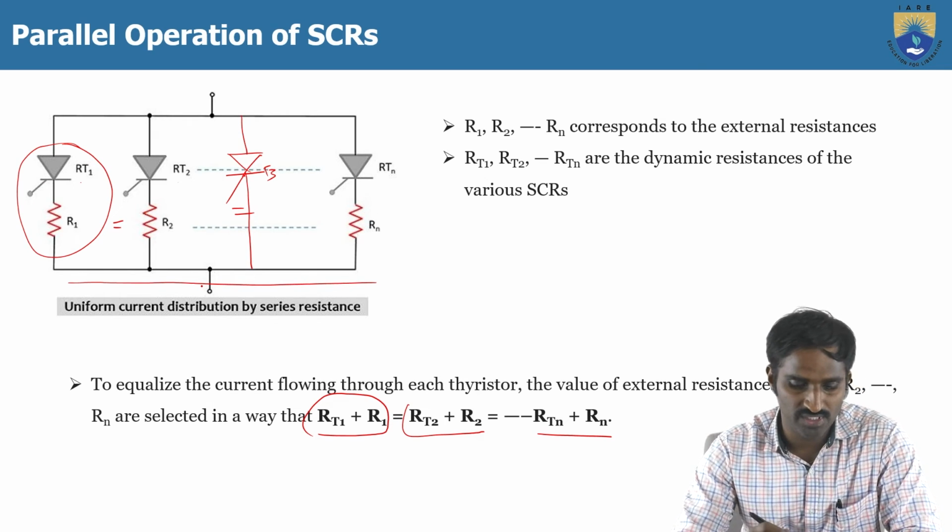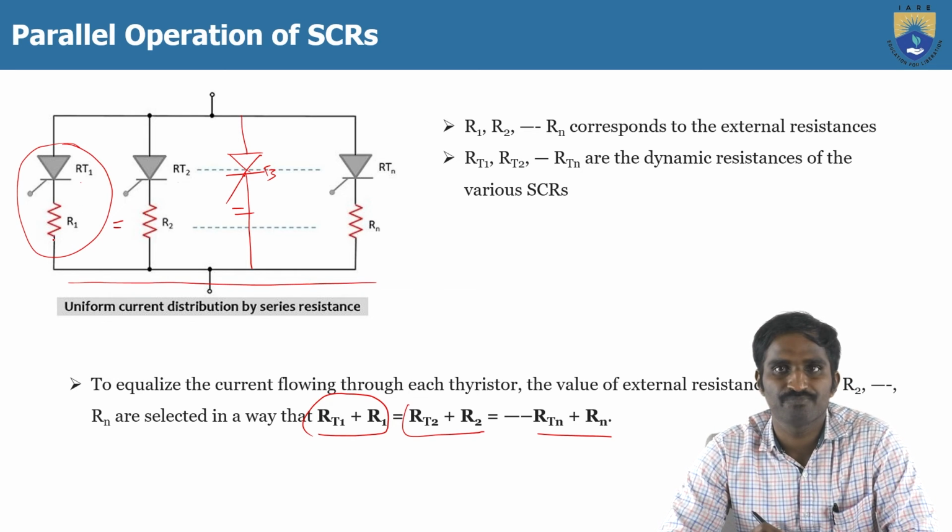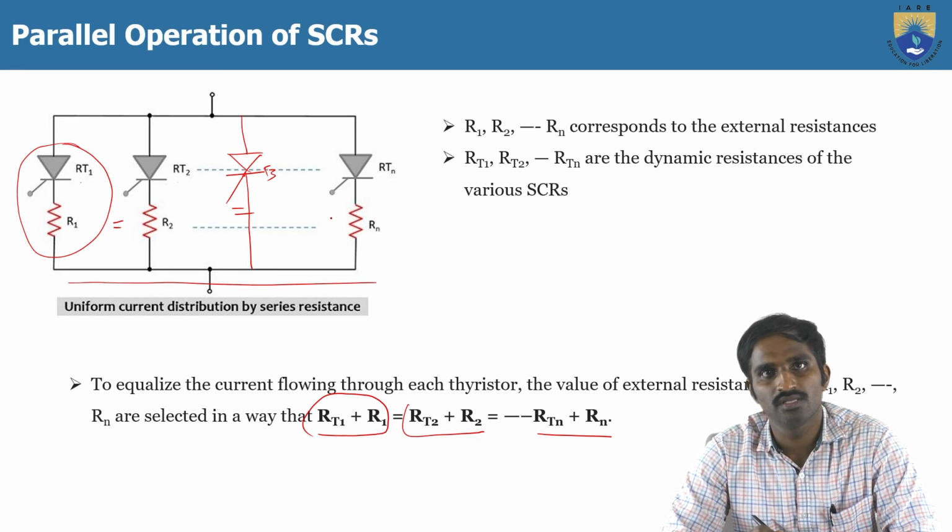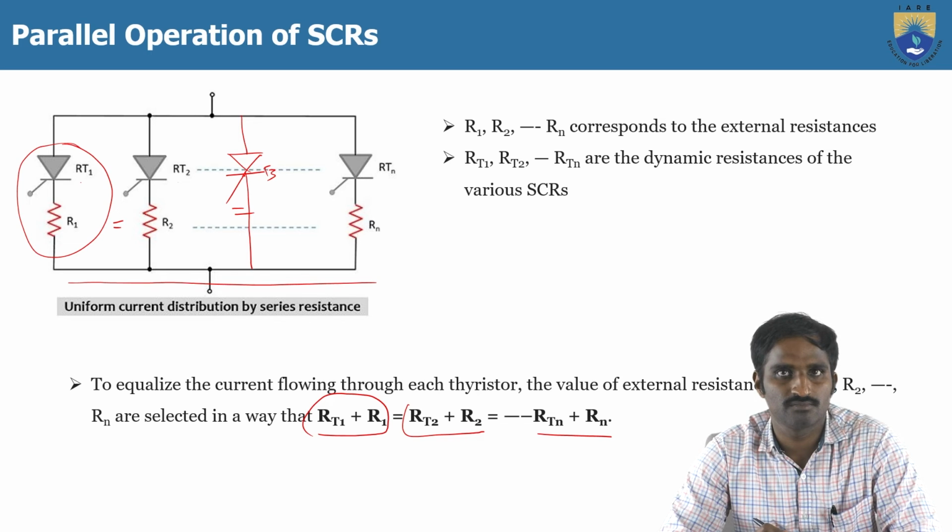That's why, not only just connecting the resistor in series with the SCR, we must also take care about the configuration, how we are connecting the SCRs. That is also important to overcome the non-uniform current distribution.